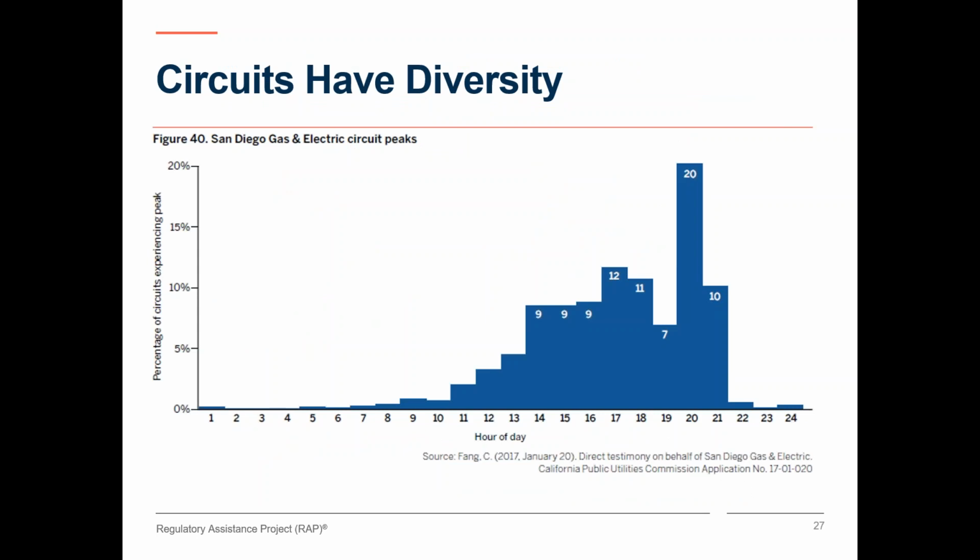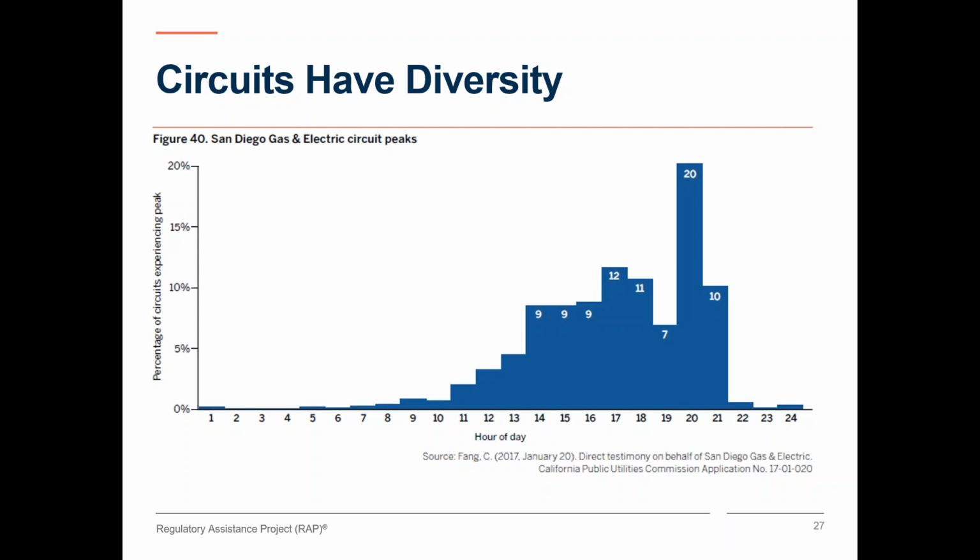And similarly, there's diversity at the circuit level. This graphic shows another utility's feeders, distribution circuits, and the hour for which each of the distribution circuits reached its maximum demand.